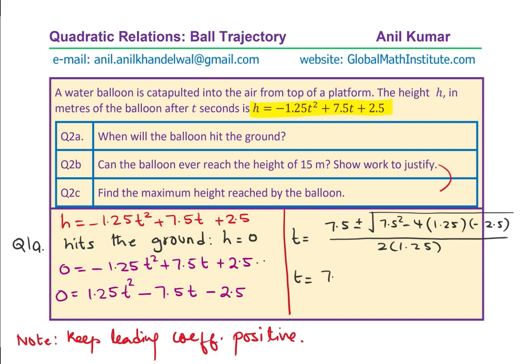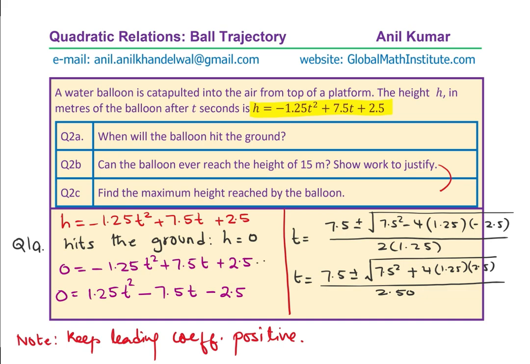So we have 7.5 plus minus the square root of 7.5 squared, and that minus and minus makes it positive, 4 times 1.25 times 2.5, over, you can multiply this, you get 2.5, correct? Use a calculator to find this particular answer.